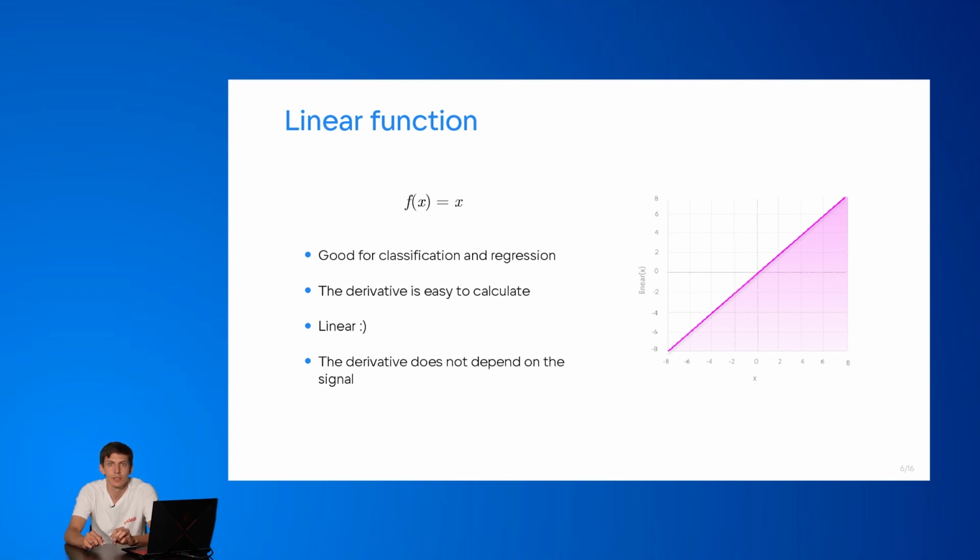However, linearity is not a universal tool for machine learning problems. If the solution is described by a nonlinear function, it is impossible to approximate it with a linear one. What's more, the derivative of the linear function doesn't depend on the input signal. The backpropagation method will change the value of weights with a certain constant step at each iteration of the learning process. Actually, it is not good.